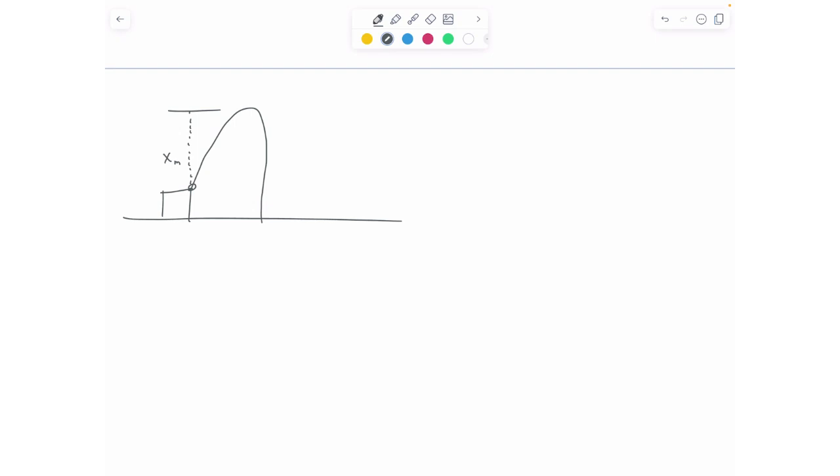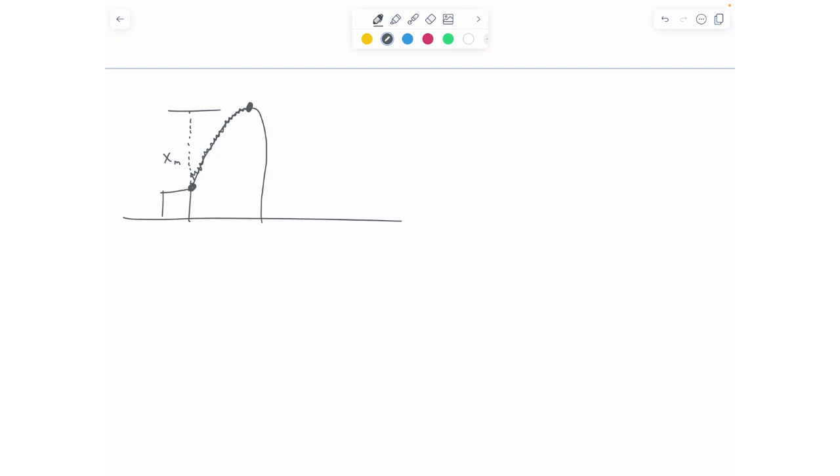Okay, so if you wanted to know that, you could say there's a certain amount of kinetic energy here, and that kinetic energy is going to get converted. It's going to bleed off until there's no more kinetic energy, and now all we have at the top is just potential energy.